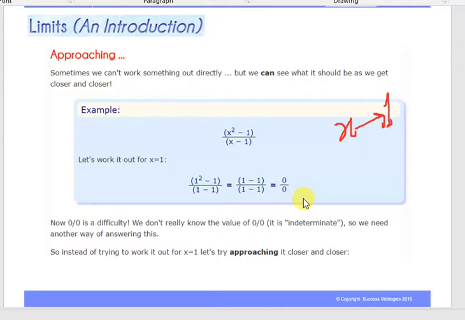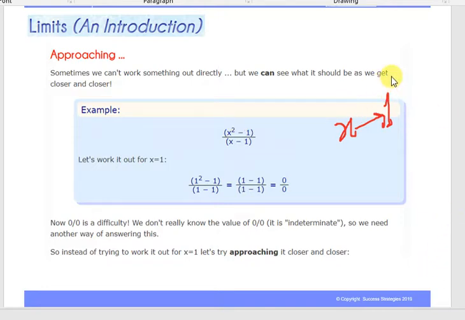Now x is a variable, so it can have many values. Depending on the value of x, the value of the function changes. For example, here I have taken the function x square minus 1 divided by x minus 1.